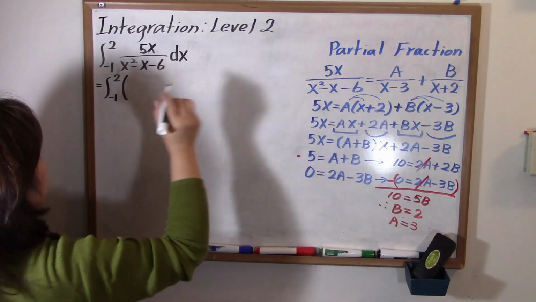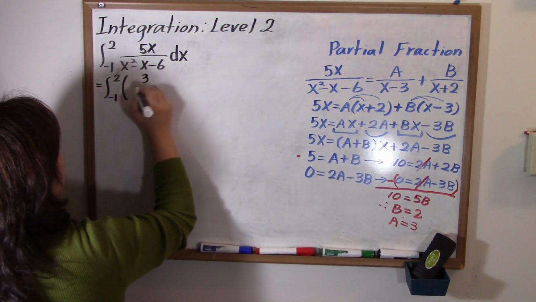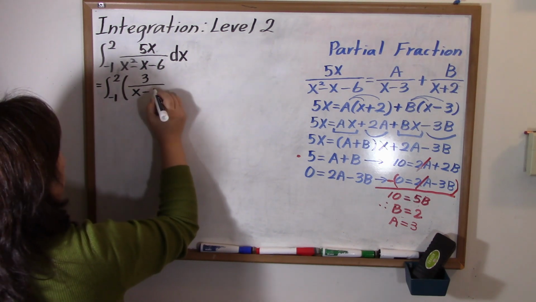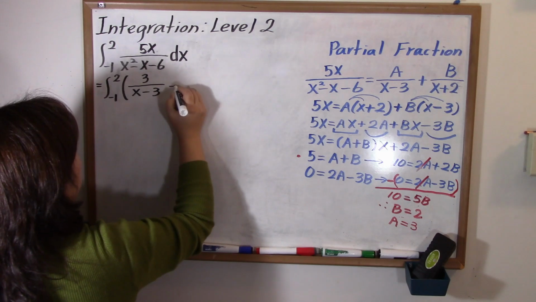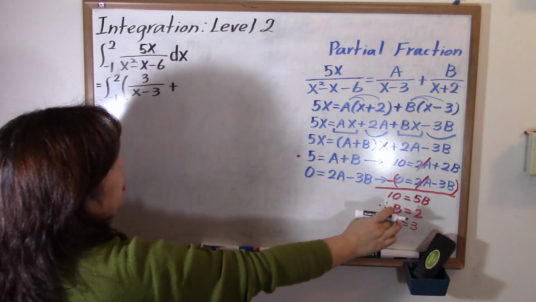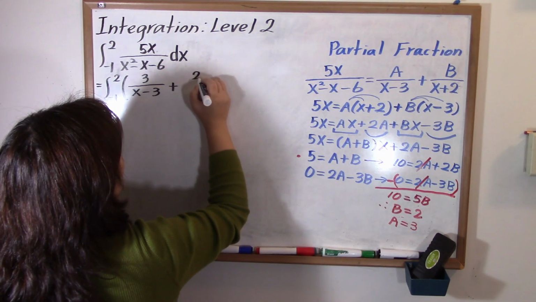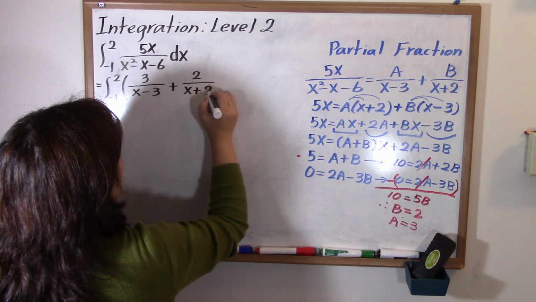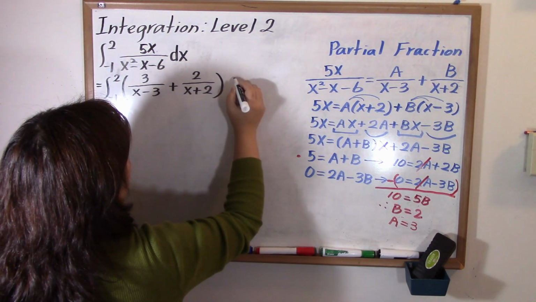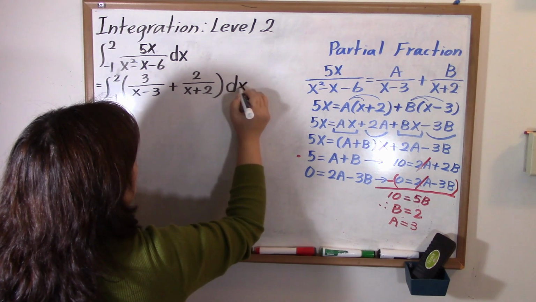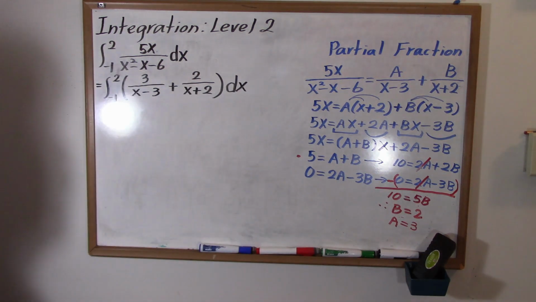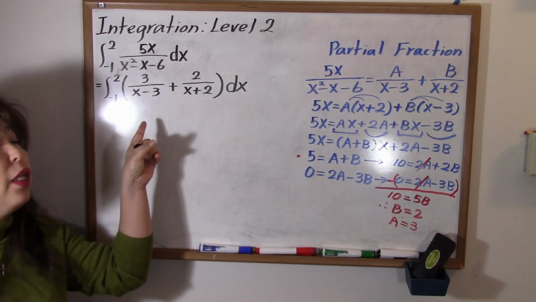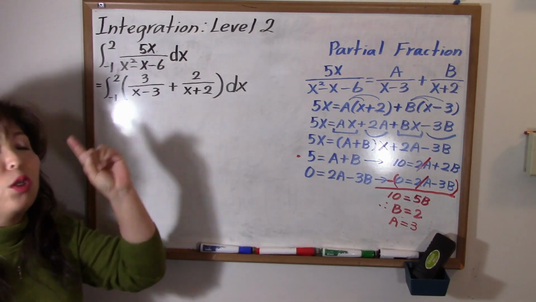So A is 3, so 3 over x minus 3 plus B is 2, so 2 over x plus 2 parentheses dx. And then next step, we're going to integrate 3 over x minus 3 plus 2 over x plus 2.